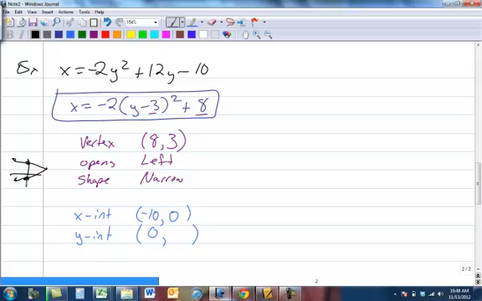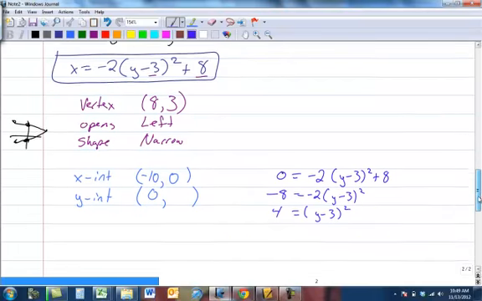So plug in 0 for x, and what you got here is 0 equals negative 2 times the quantity of y minus 3 quantity squared plus 8. All right, so we solve for y. In this case, it's nice because we can just solve by moving stuff. So we got negative 8 equals negative 2 times y minus 3 quantity squared. Divide by negative 2, you get 4 equals y minus 3 quantity squared.